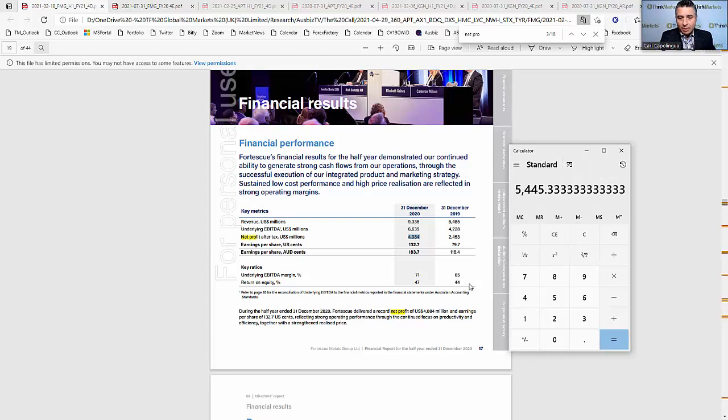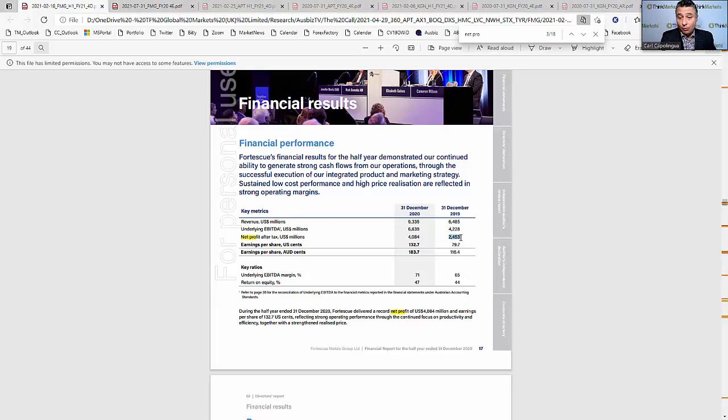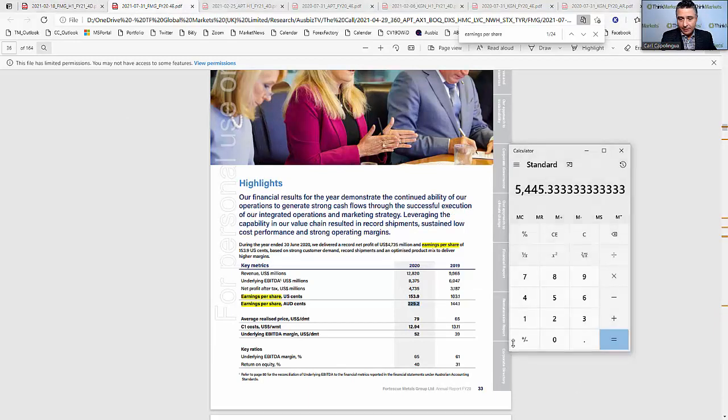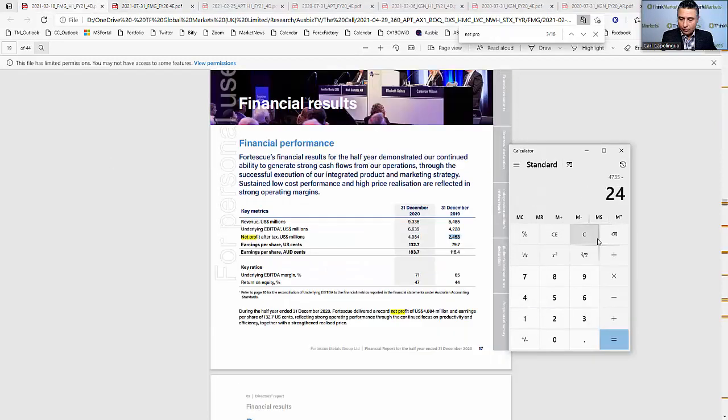We're going to store that in the memory banks and then figure out how much Fortescue earned in net profit for the second half, and then make that half-on-half comparison between the second half and the current half. So 2453, heading back to the full year, we've got 4735. So if we go 4735 minus 2453, we get a net profit after tax for the second half of FY20 of 2282.